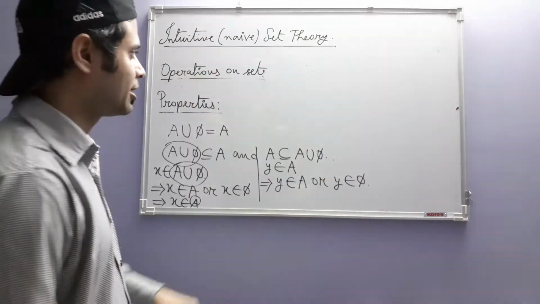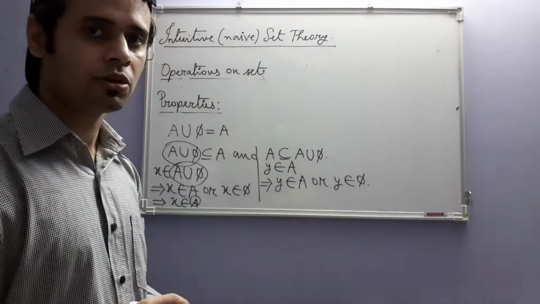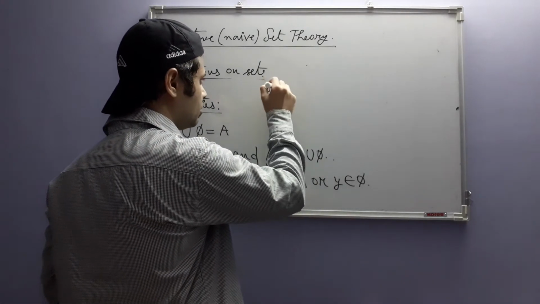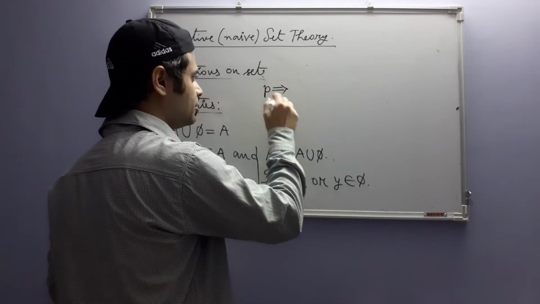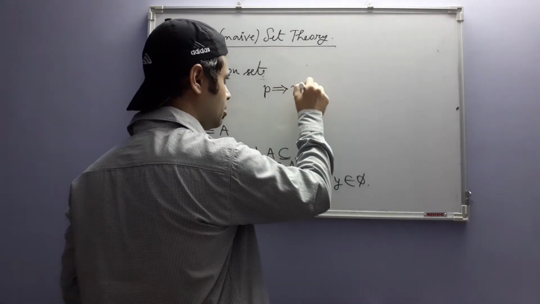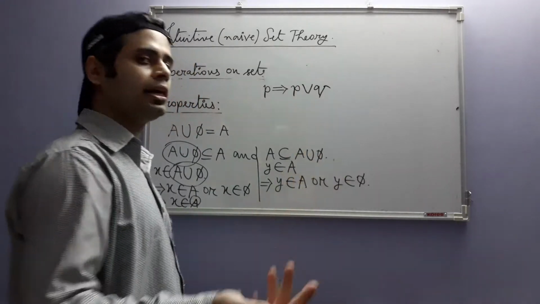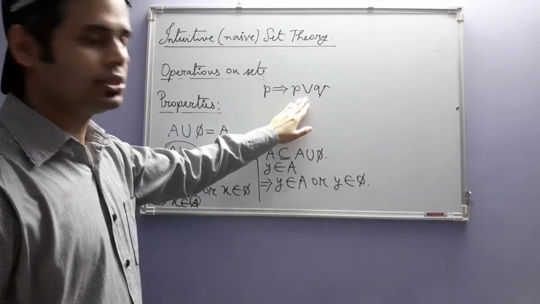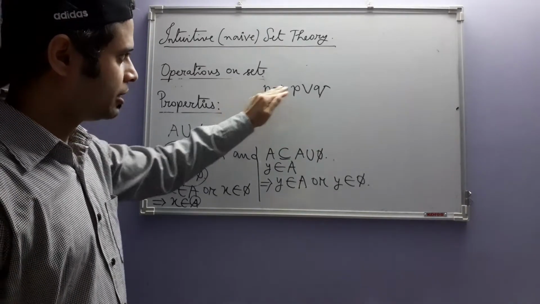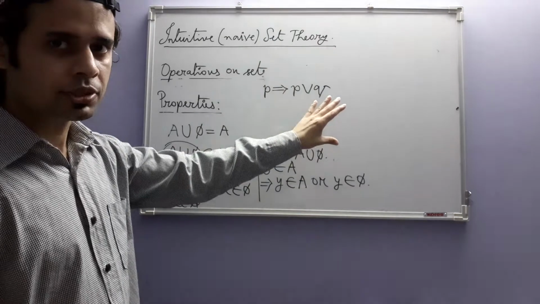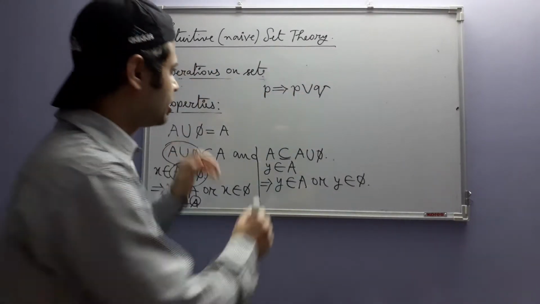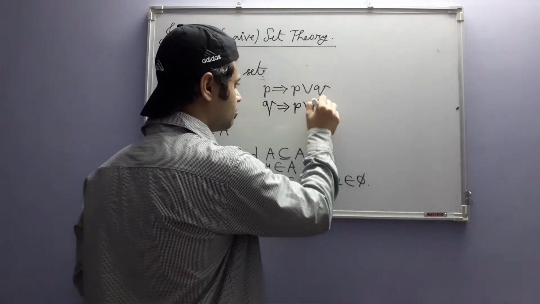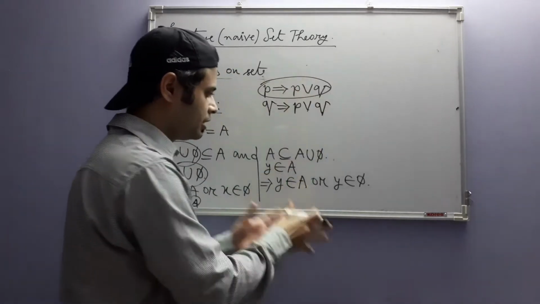If you recall from mathematical logic, there we had something called the law of addition, which said that if you take any statement P, that implies P or Q, where Q is any other statement. You can add an extra statement using disjunction. Then the first will imply the second. Since we are adding a new statement, this is the law of addition. Similarly, we also have Q implies P or Q. So this is the one we are using here.